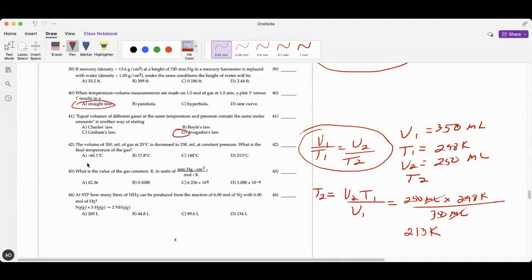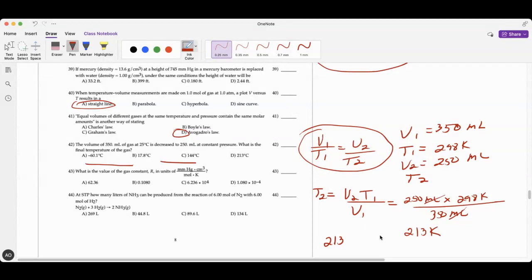Notice the answers are in degrees Celsius, so I need to convert the 213 Kelvin to degrees Celsius. Wouldn't you do 213 minus 273 because it has to be negative?